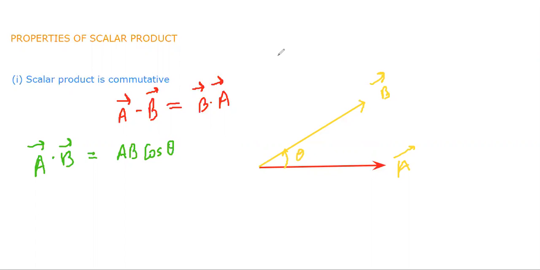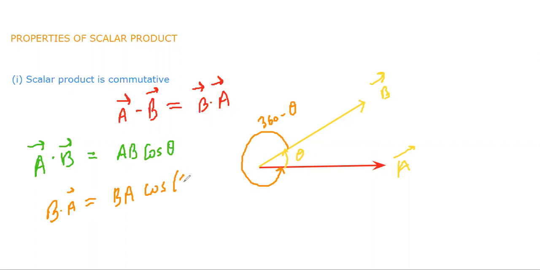Now if you find B dot A, it would be BA cos of the angle from B to A. How much would this angle be? This would be 360 minus theta.